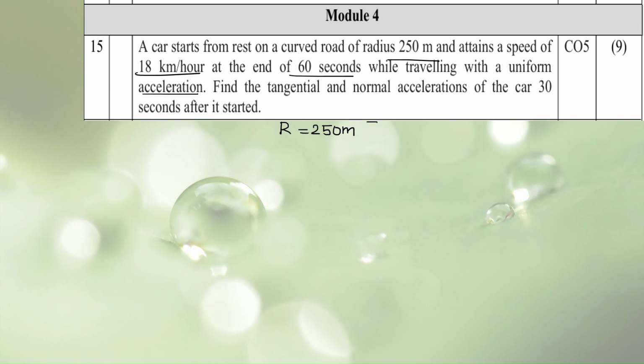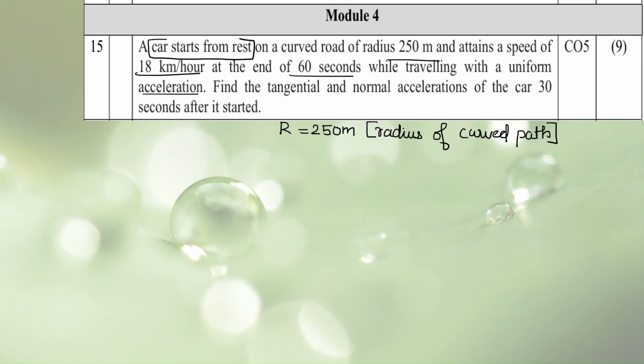So r is what? R is the radius of the curved path. The radius of the curved road is 250 meters. It is given that the car starts from rest.